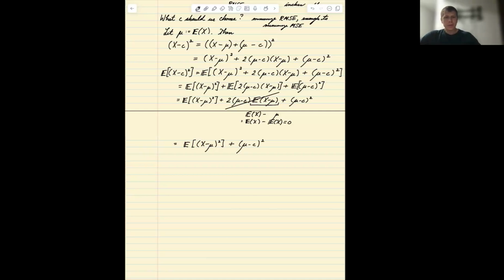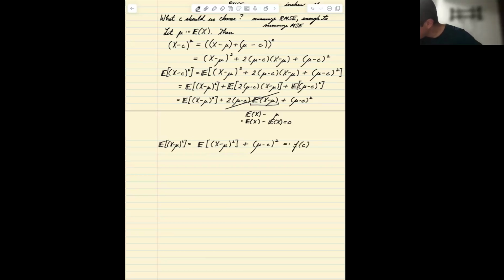And this is the function that we want to minimize, and this is a function of c, right? We want to minimize it as a function of c. Nothing else, that's the only variable that we have at our disposal when we predict x. So let's call this f of c.